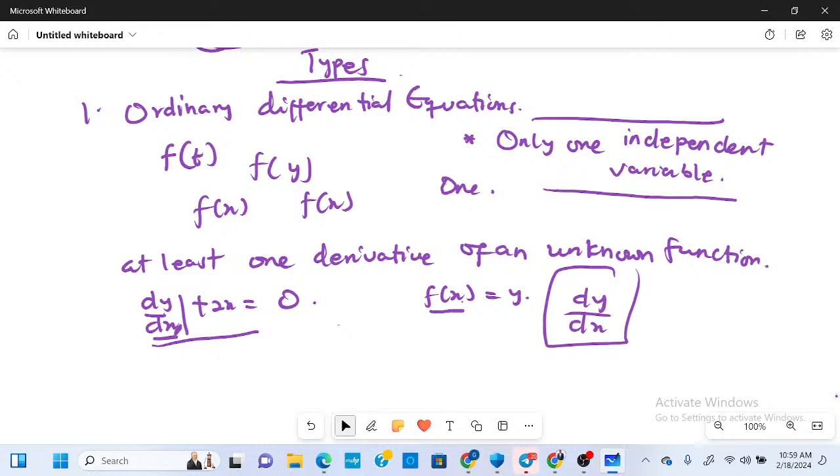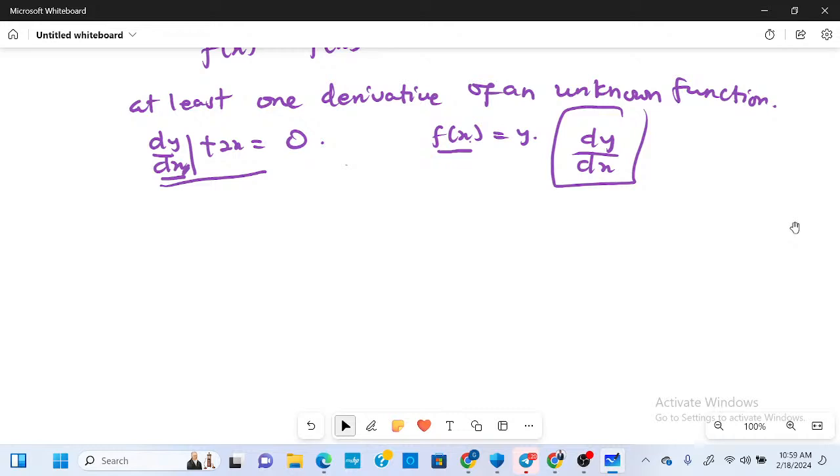Now let's see another example of an ordinary differential equation. You can have d squared y over dx squared is equal to sine of x. Seeing this equation, you realize that we have a higher derivative here, meaning that our equation is a differential equation.